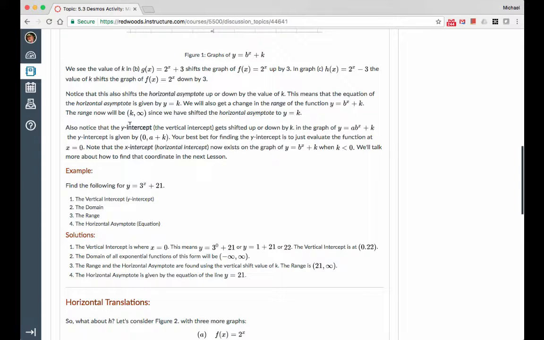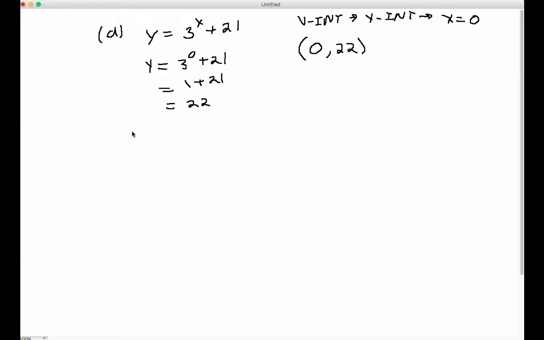Okay, let's look at part B, or number 2. They want to know the domain of this function. Well, all exponential functions have the same domain, and it's pretty nice. We just have to remember that it's from negative infinity to positive infinity.